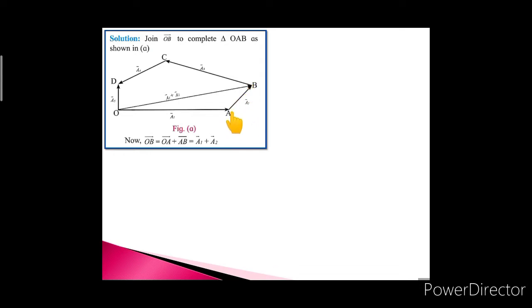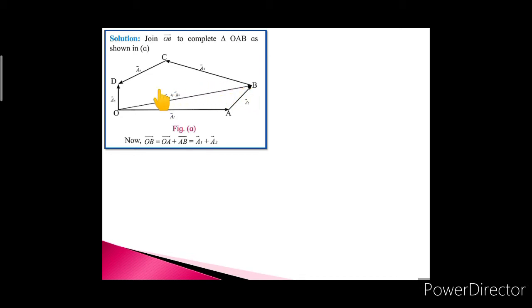Here we join point O to B, which gives the third side of the triangle, and this is nothing but the resultant of the addition of vector A1 and vector A2. So vector OB represents the resultant, and we can write OB as A1 vector plus A2 vector.